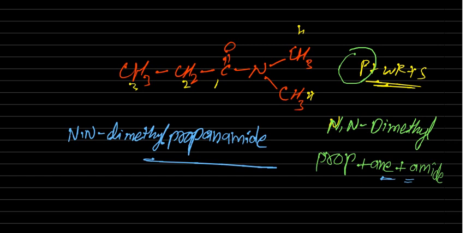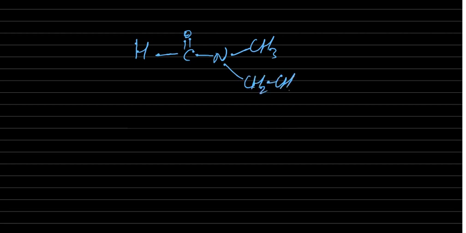Yes, you understood now? Suppose H C double bond O N, with methyl and ethyl. So what is the long chain here?